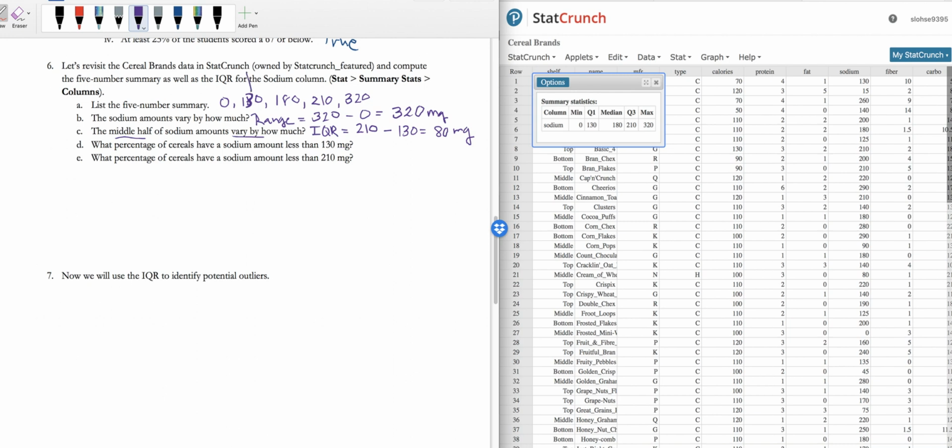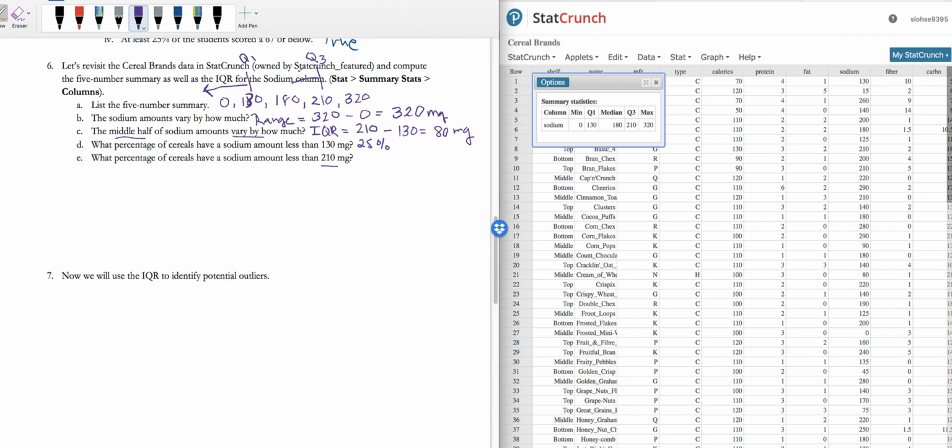Okay. What percent of cereals have a sodium amount less than 130? Well, 130 is here. It is Q1, so we know that the amount of data to the left is 25%. What percent of cereals have a sodium amount less than 210? Well, 210 is our 3rd quartile, Q3.